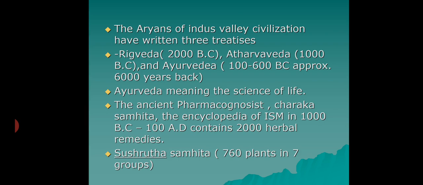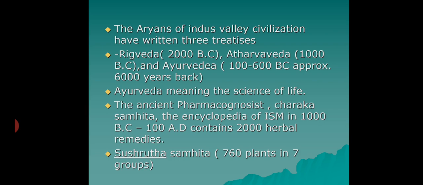Ayurveda systems. Then the ancient pharmacognosist called Charaka Samhita coined a big encyclopedia of ISM, the Indian System of Medicine, in 1000 BC, and it contains almost 2000 herbal remedies.